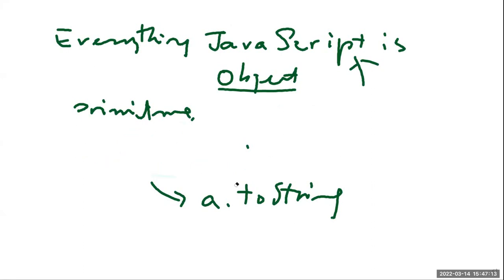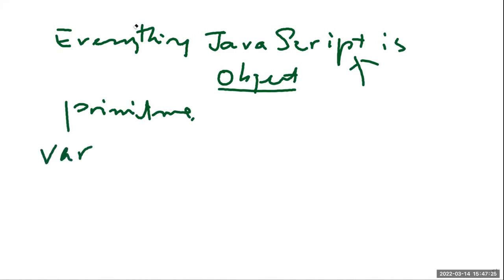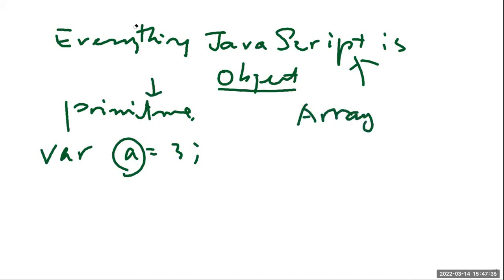But conceptually we still use JavaScript as having primitive data types. So we still consider that when we assign a variable a equals 3, it is a primitive variable. But your array is actually also an object type, right?